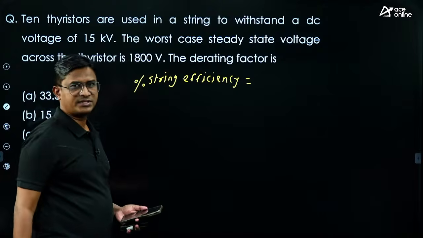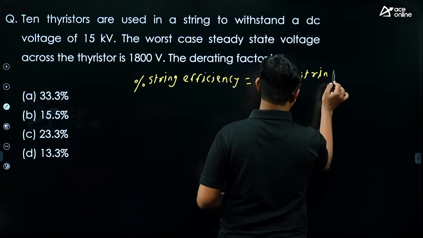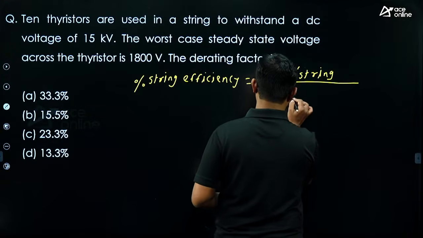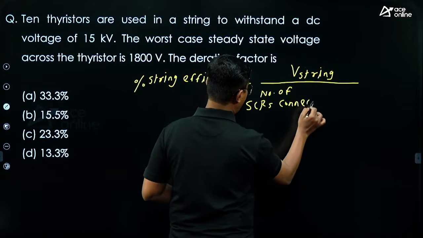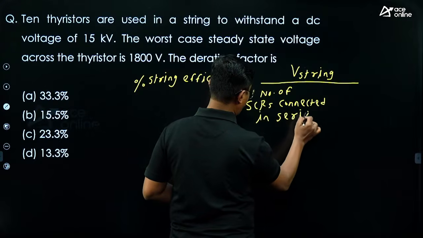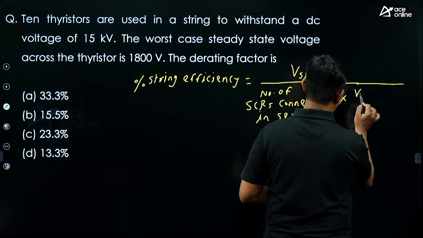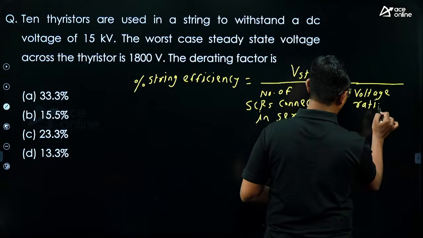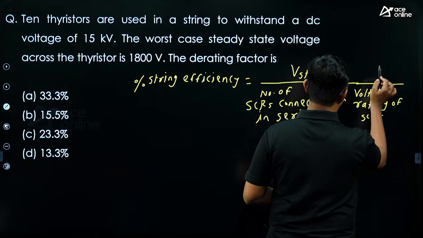Yes, it is equal to string voltage rating, that is V string, upon number of SCRs connected in series into voltage rating of SCR, or available SCR voltage rating of SCRs, right.